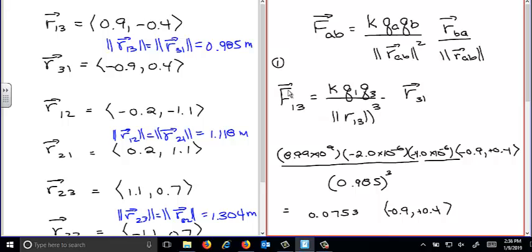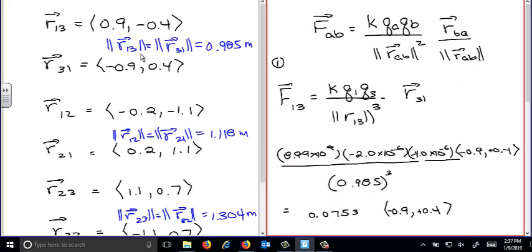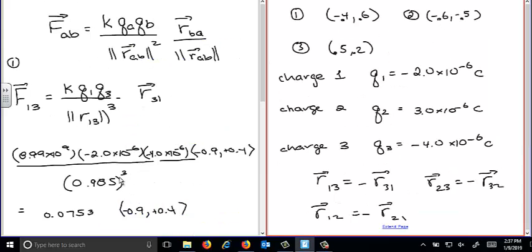If you look at the force on charge 1 due to charge 3, it's Coulomb's constant times charge 1, which is negative 2 microcoulombs, and charge 3, which is negative 4 microcoulombs. The distance R13 is 0.985 meters, and you cube that.